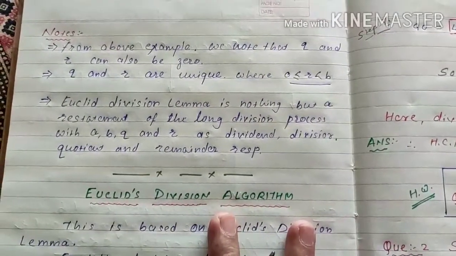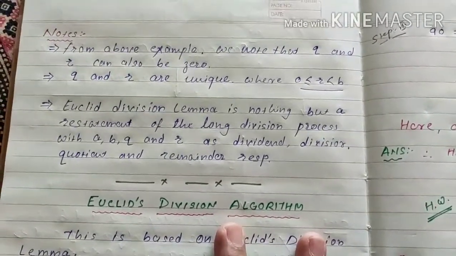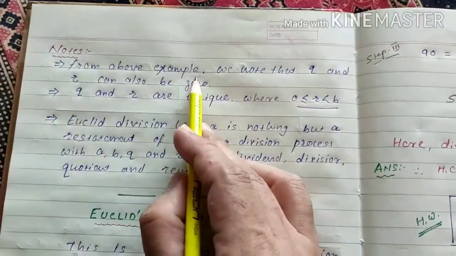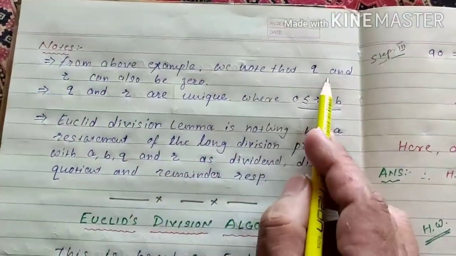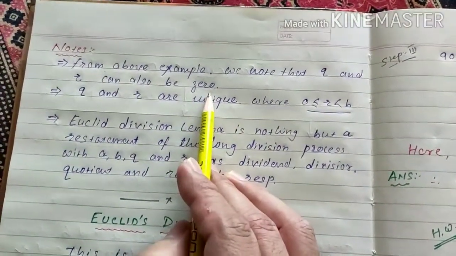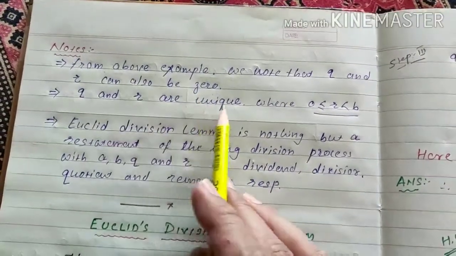Now what we learn from Euclid division lemma. We conclude from the above examples that q and r can also be 0. Q and r are unique.